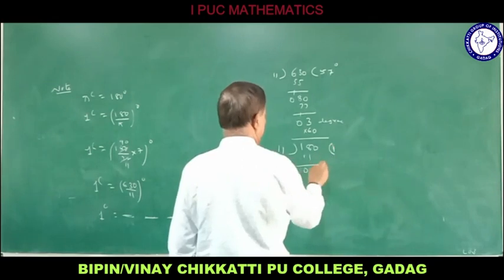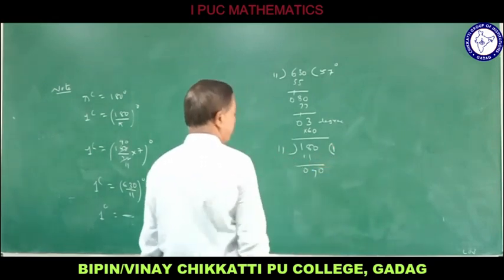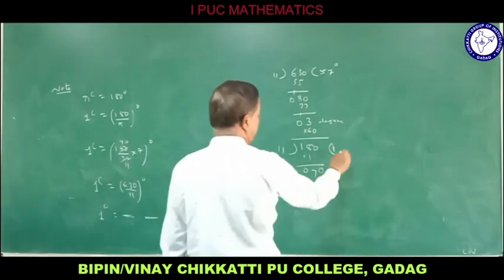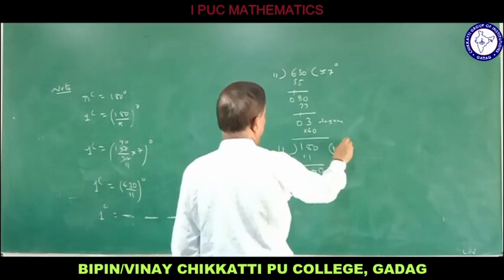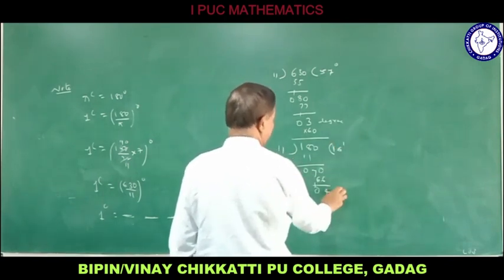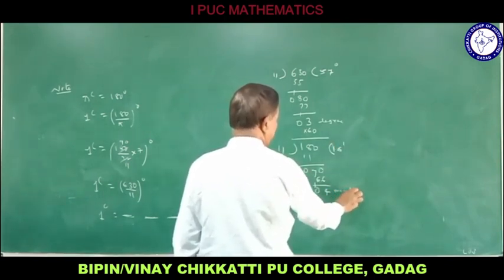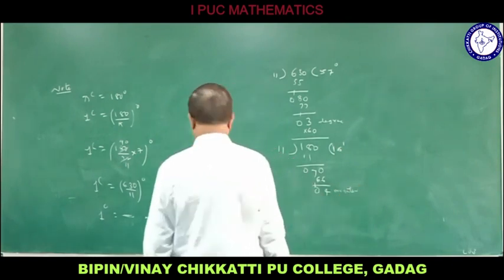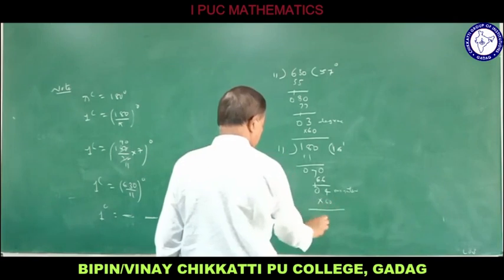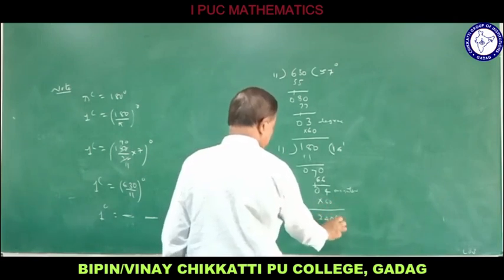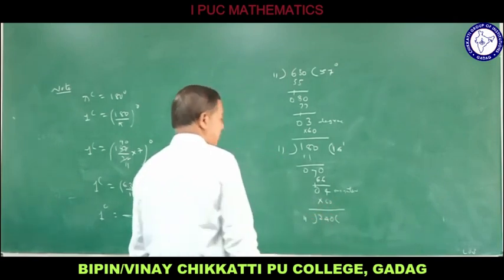And you have to get 7. 77, now 60. 11, 11 6s are 66. So what you will see? 16 minutes you have got. This you will get in minutes. But when you are converting into seconds, you have to multiply by 60. 240 you will see that. 11 you will get in terms of seconds.